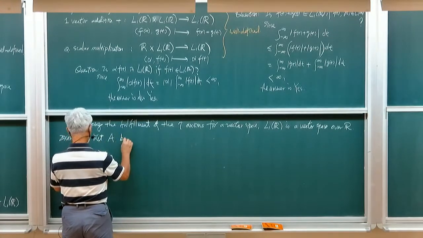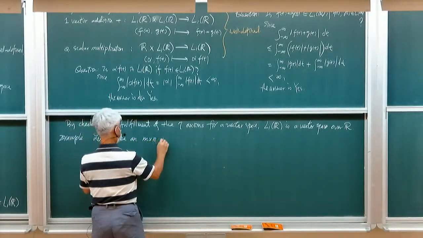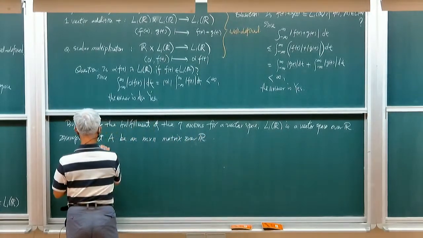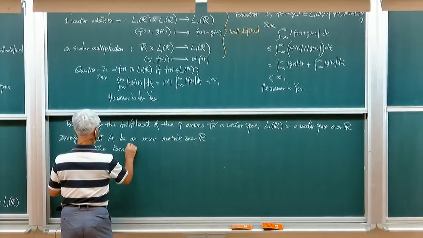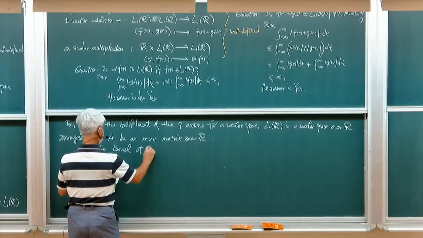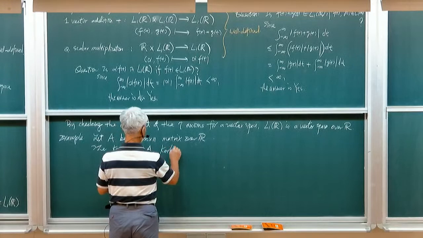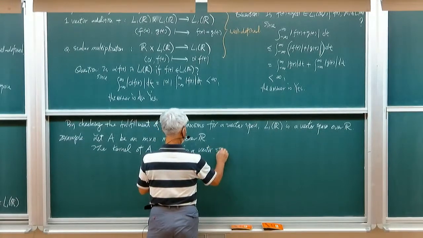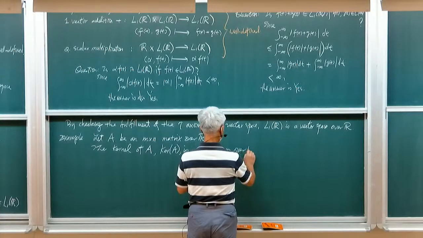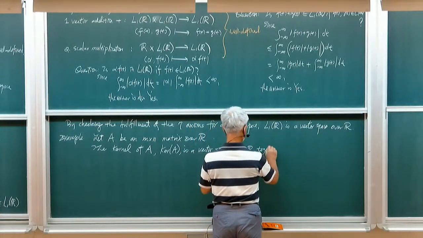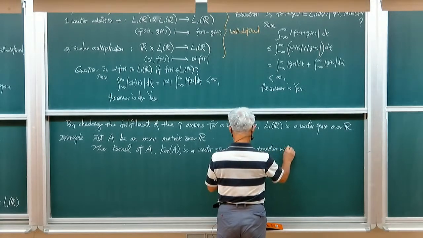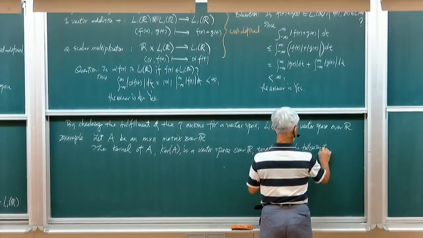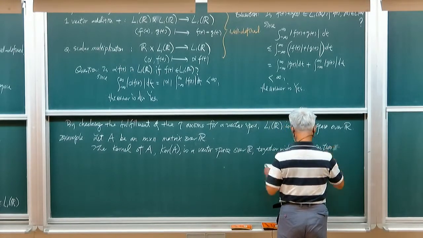Let A be an m times n matrix over R. The kernel of A, ker A, is a vector space over R, together with the following two algebraic operations.